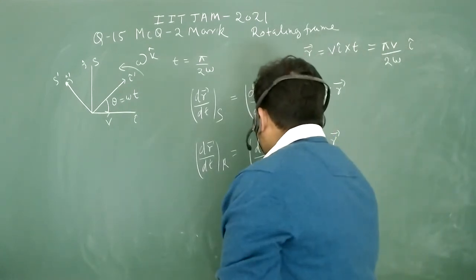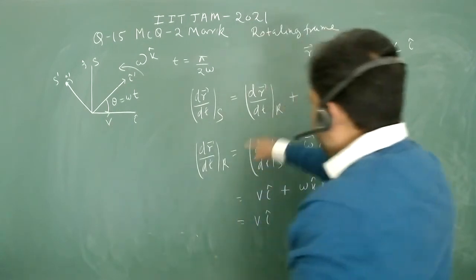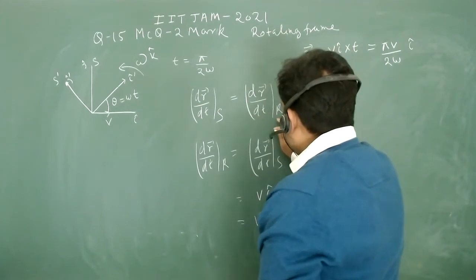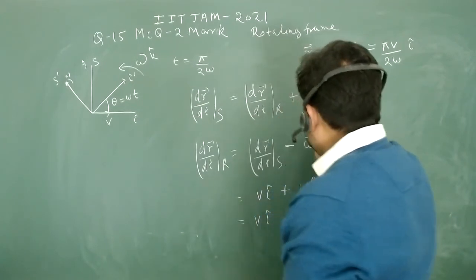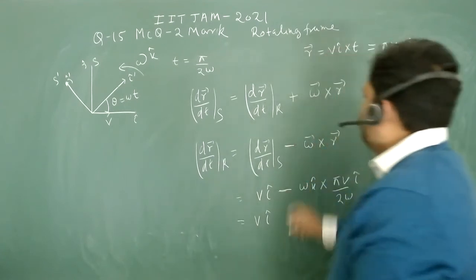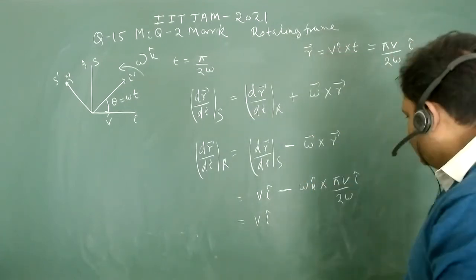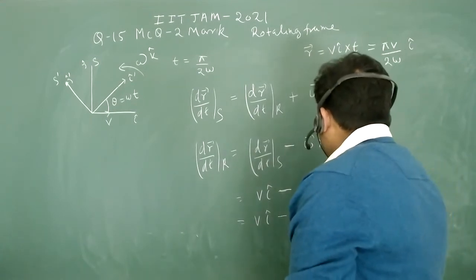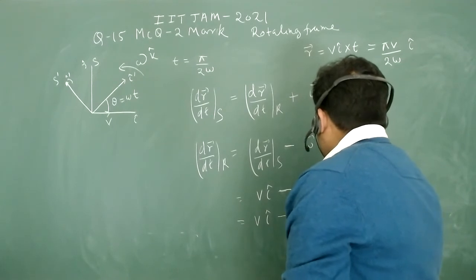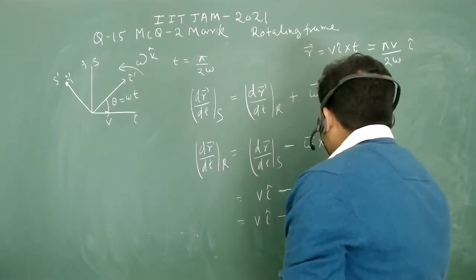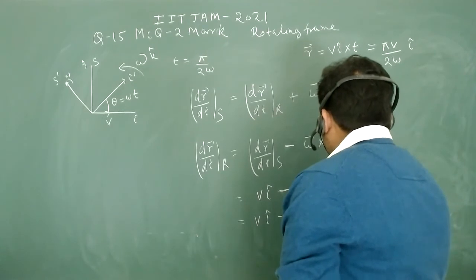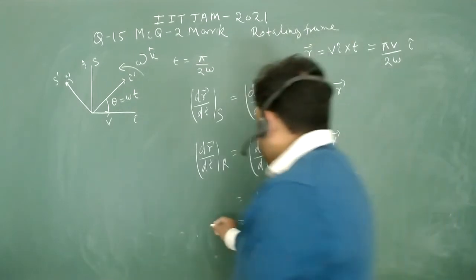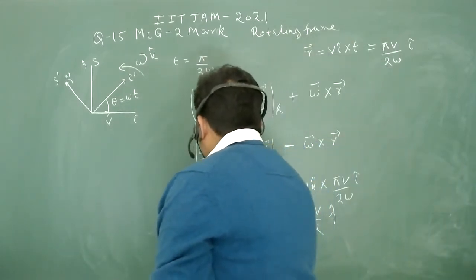So we have v i, and this will be just a minus sign, because we are taking this side. So you can put this value as minus 1, and there is minus omega pi v upon 2 omega j cap. So this omega cancels out, and we have basically dr/dt in the rotating frame.